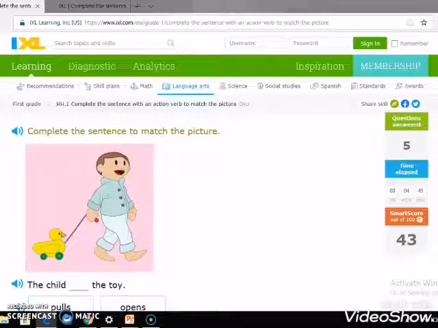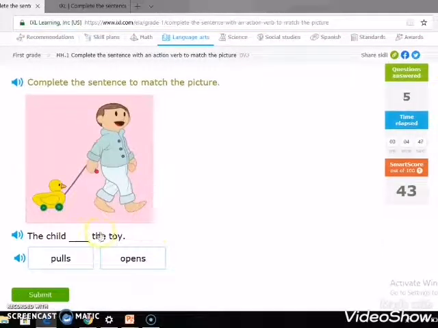The child and the toy, what is he doing to the toy? We have one child. What should I add for the action verb? I add an s. The child pulls the toy.